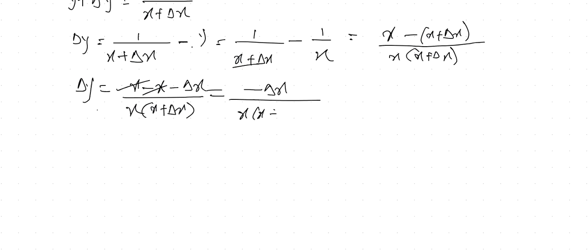The next thing you do is divide both sides by change in x. So change in y over change in x equals minus change in x over x into x plus change in x, divided by change in x. You can make it look like 1 over change in x times minus change in x over x into x plus change in x.